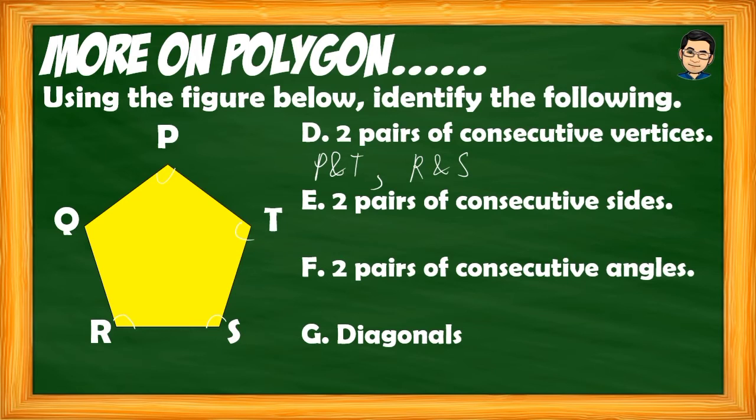Next, 2 pairs of consecutive sides. Okay, dito tayo, RQ. And what else? QP. Okay, ano yung common dun sa dalawang sides? Yung vertex Q. Okay, so as you can see, this is RQ and this is QP.